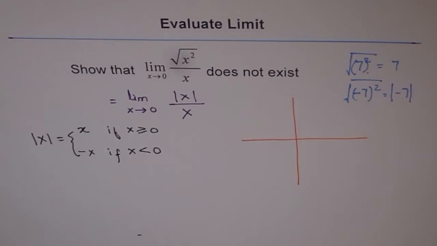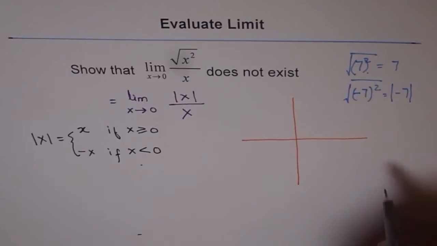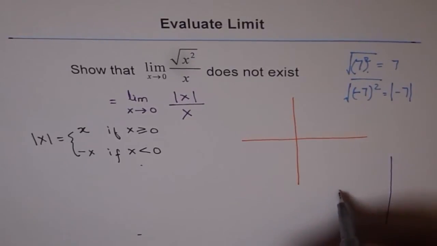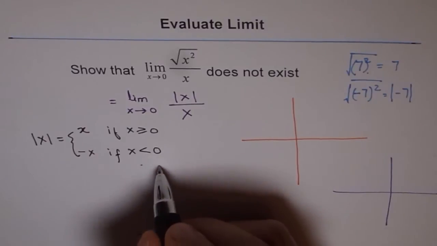Therefore, let me show it here. If we are on the left side, then absolute x is minus x, correct? If we are on the right side, absolute x is plus x. Therefore, the question becomes, let me do it here itself.